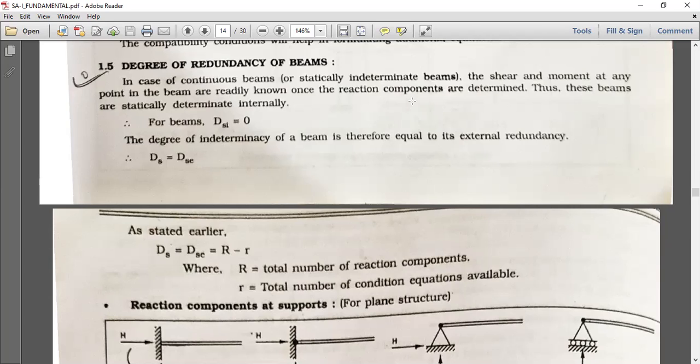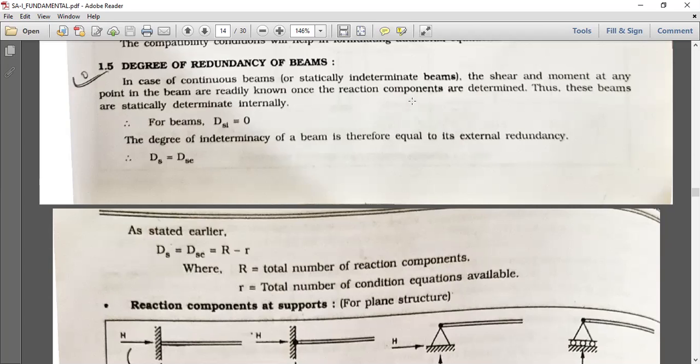For beam, DSi is equal to 0. The degree of indeterminacy of beam is therefore equal to its external redundancy. That's why in the case of beam, we only consider DS is equal to DSe.